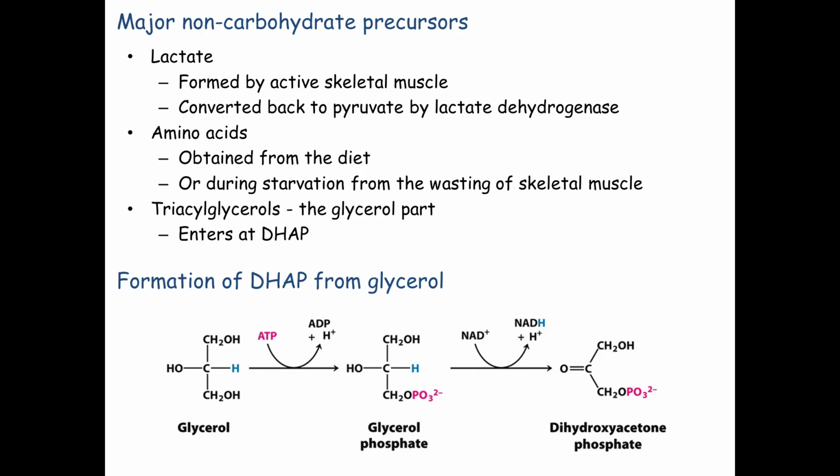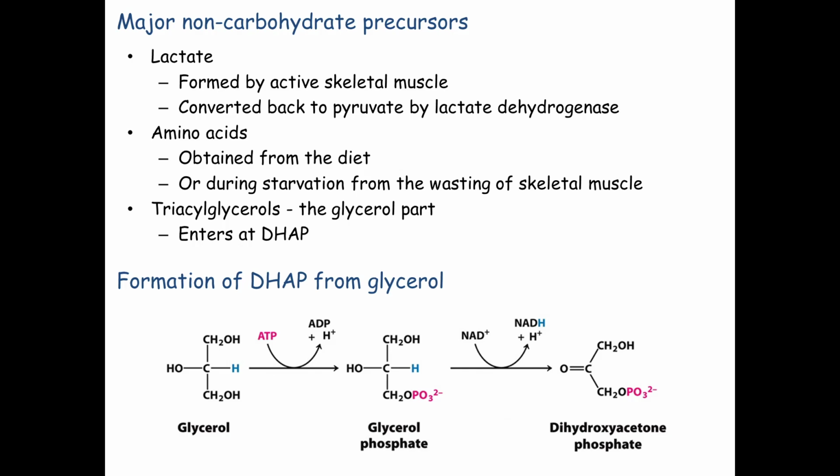So lactate's also another potential source for this. Some amino acids can be used for this. In fact, all but 2 of them can be used to make more glucose. We'll learn those later. And then our triacylglycerols, at least the glycerol part, right? Not the fatty acid part, because we know that can't be turned into glucose, but the glycerol part can, right?